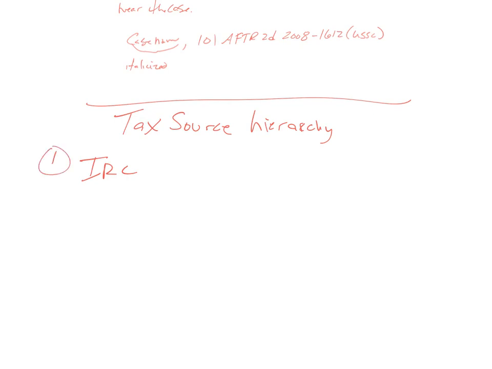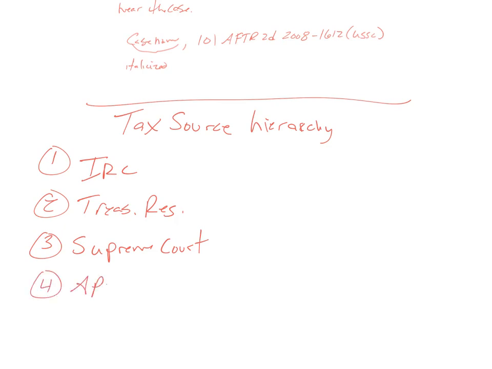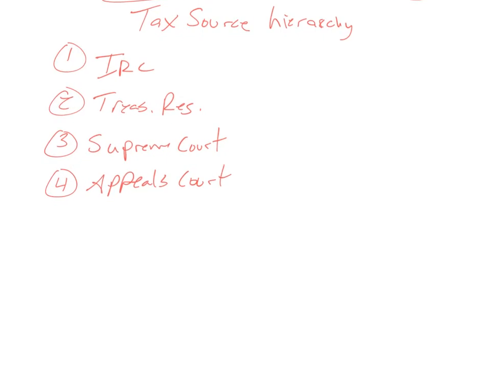What happens next? Well, if there is a related Treasury reg, then you're going to cite that Treasury regulation. If there's a Supreme Court ruling, you're going to cite that. If there's an appeals court ruling, you're going to cite that. Okay? So that's a pretty strict hierarchy, 1 through 4.